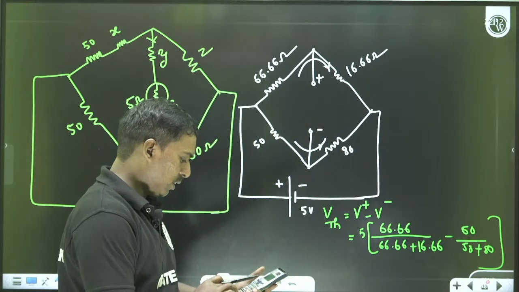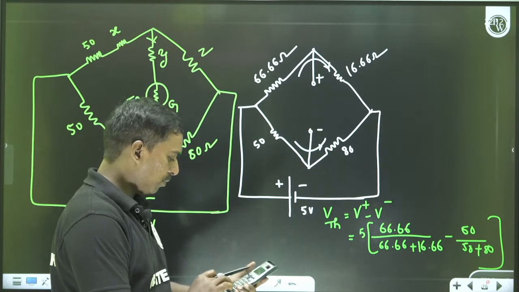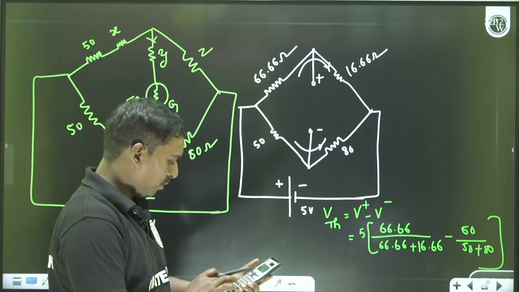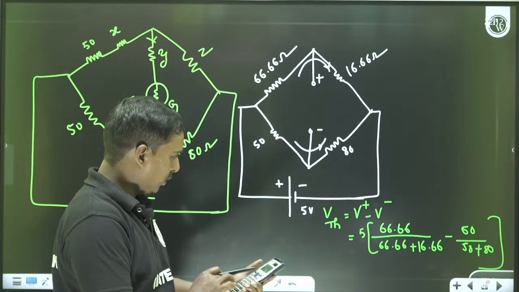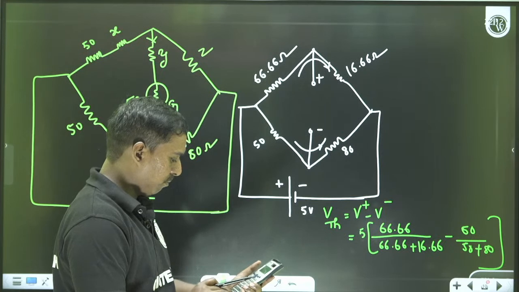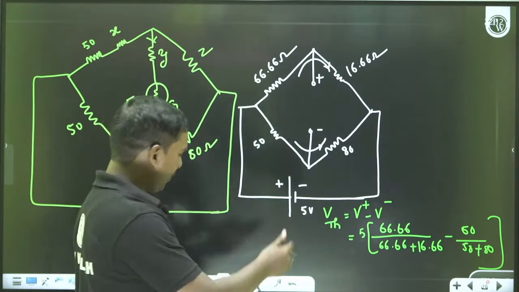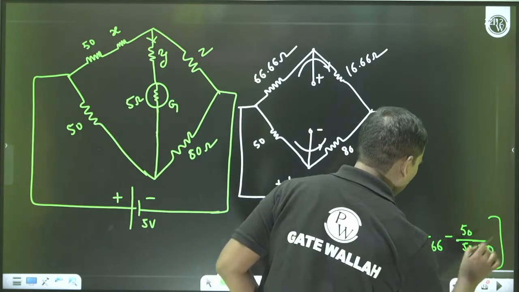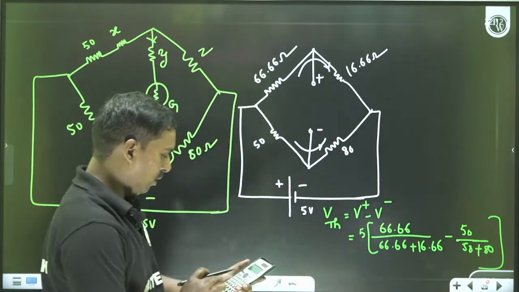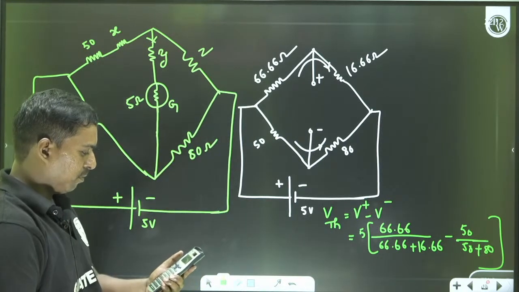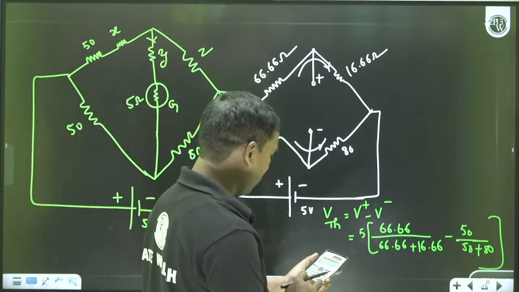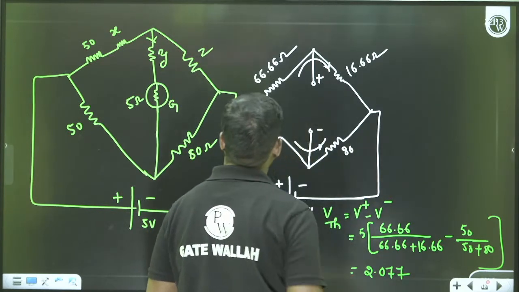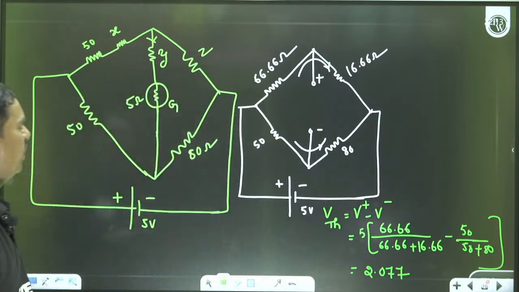How much are we going to get? 66.66 divided by 66.66 plus 16.66 minus 50, 50 divided by 130. So 0.4154 into 5 is coming 2.077.